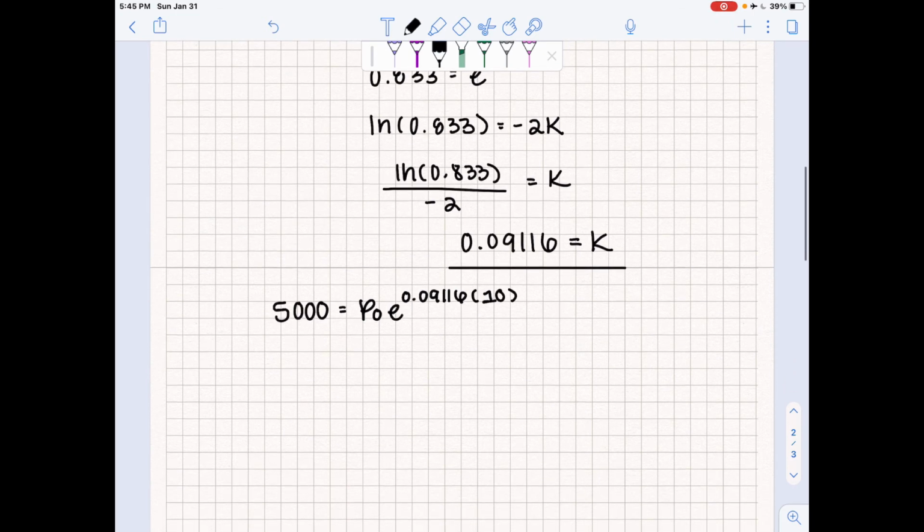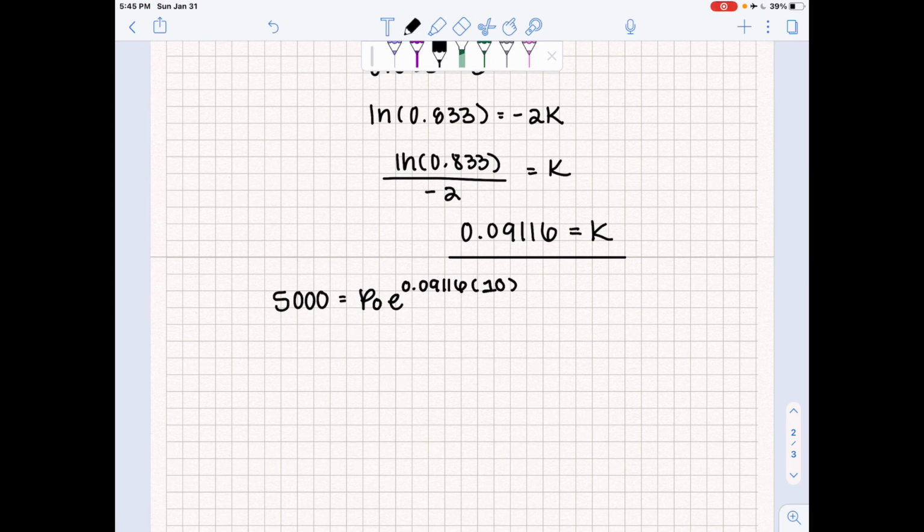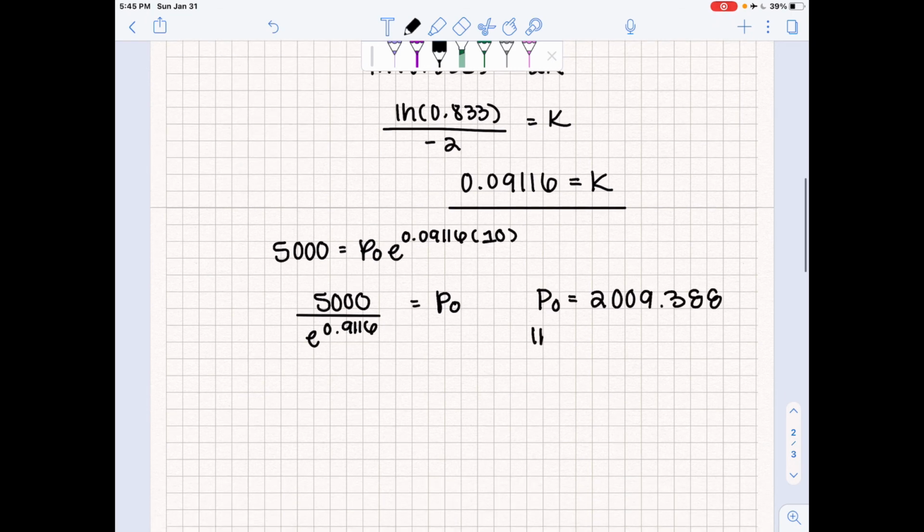And we can solve for p naught, which would just be 5,000 divided by e to the 0.9116, equal p naught, and we will find that p naught is equal to 2009.388. So the initial population is about 2009.